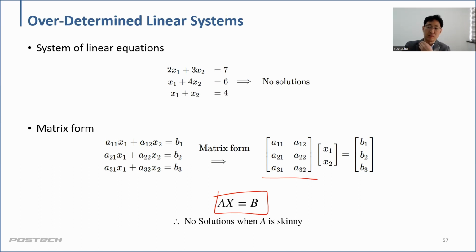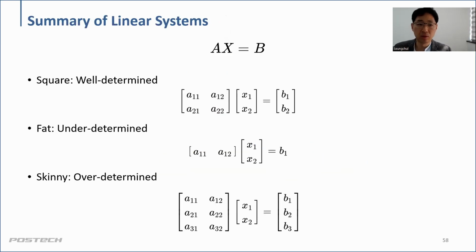Looking at matrix A from far away, you will see a skinny matrix A. Then you have to think, okay, the linear system is overdetermined, so in general there is no solution. That's the summary of linear systems. Put in matrix form they are all the same, but the shape of matrix A might be different: square, fat, and skinny.